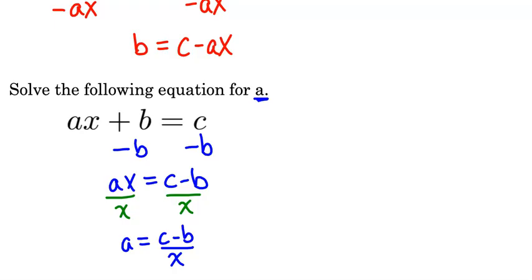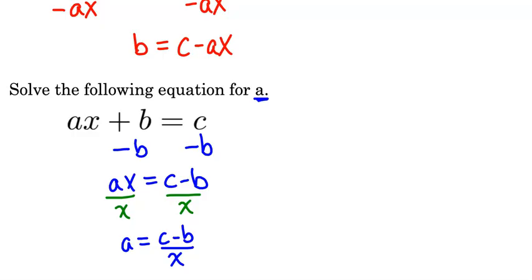After solving for a, the equation looks a little bit different. We have a fraction on the right side compared to the first example where it was just b equals c minus ax. And that is all dependent on the variable we are solving for. But we still have the same 4 variables in our answer in both examples, just presented in a different way.